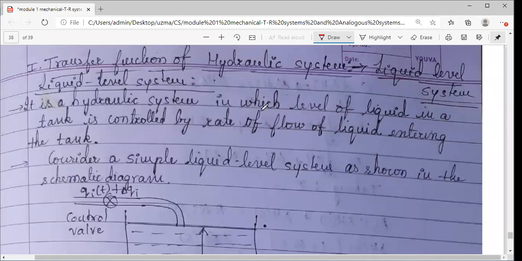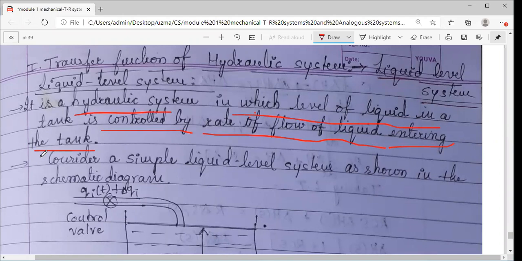Okay? So, what is the input? Actually, in hydraulic system, it is a system in which the level of the liquid in a tank is controlled by the rate of flow of the liquid entering into the tank. जिस rate से, जिस speed से वो liquid entry होगा, water, taking the example of your water tank, जिस फ्लो स्पीड से वो एंटर होगा टैंक में, that will be controlled.